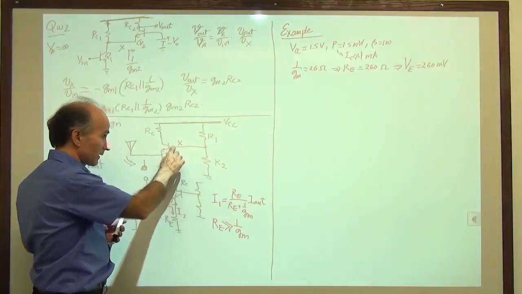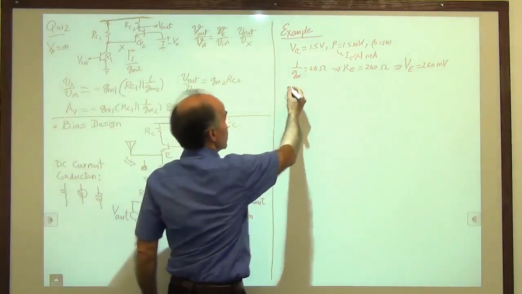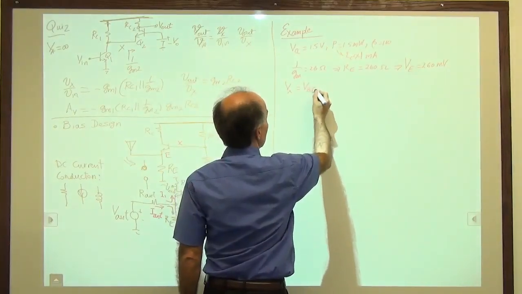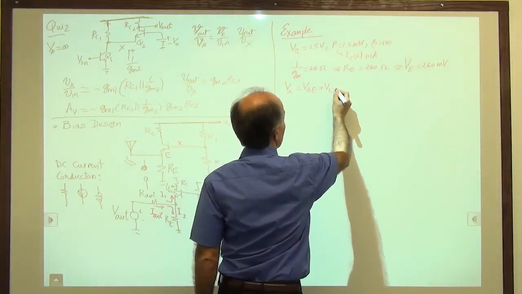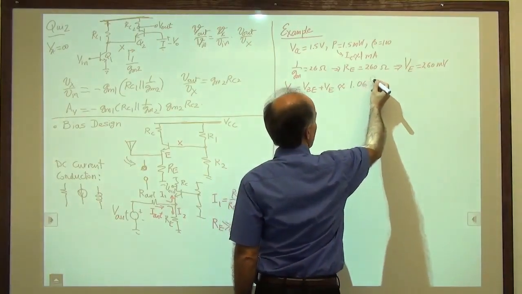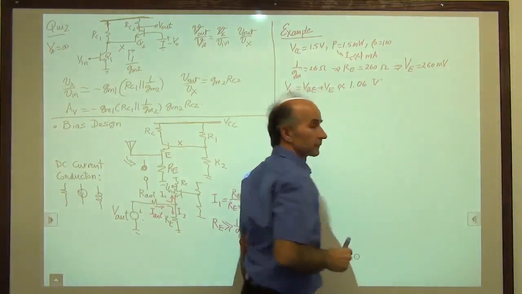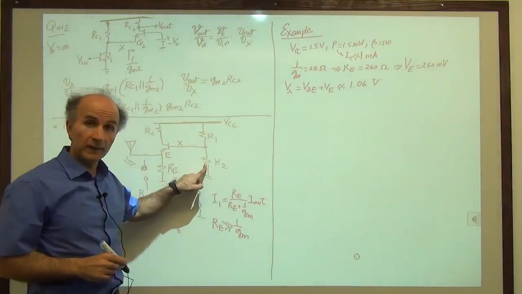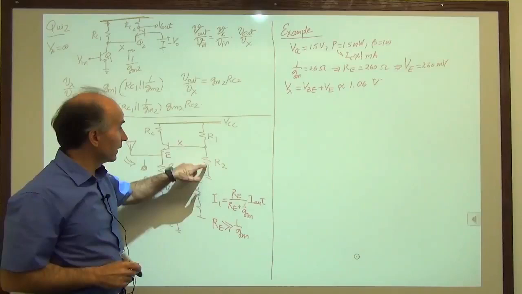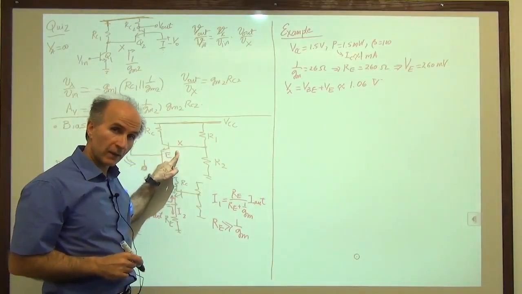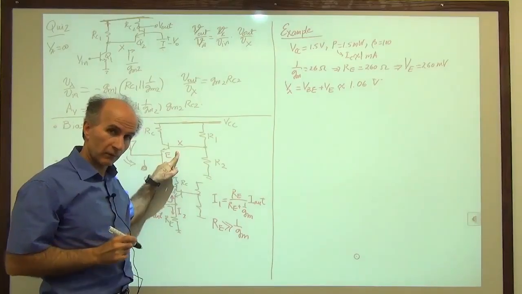So Vx is the sum of these two, VBE plus VE, approximately 1.06 volts. So the resistive divider has to be designed such that with a 1.5 volt supply, it gives us Vx equals 1.06 volts.